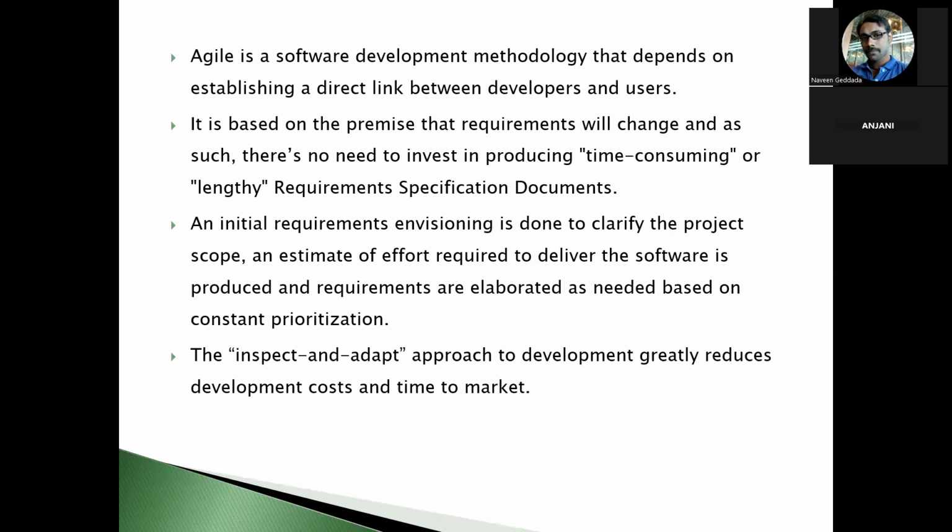In the set of requirements R1 to R10, if the client mentions that R1, R4, and R6 are the major requirements which need to be implemented in the first phase or first release, we will prioritize those three requirements and develop them in the first phase.